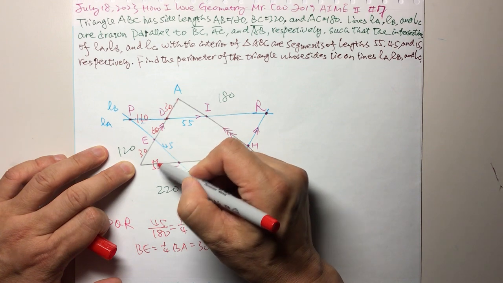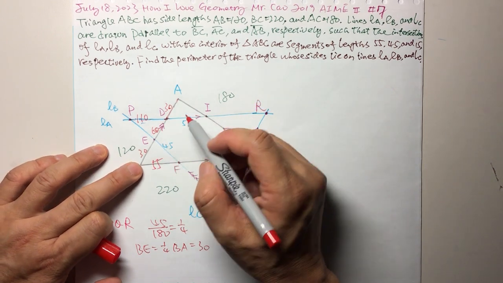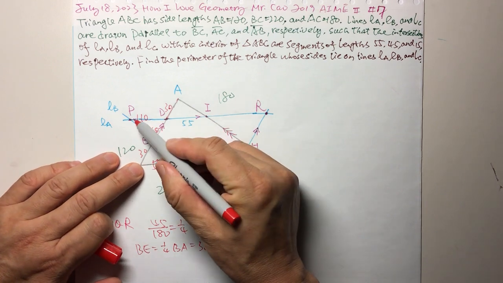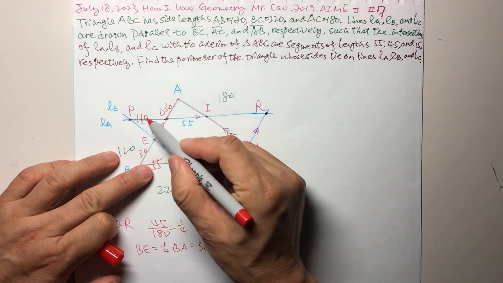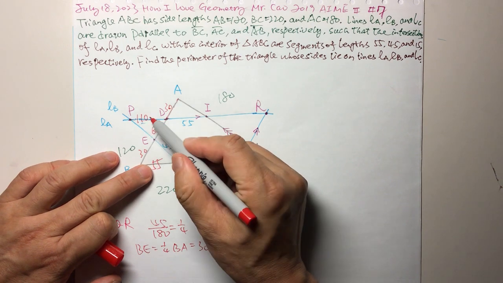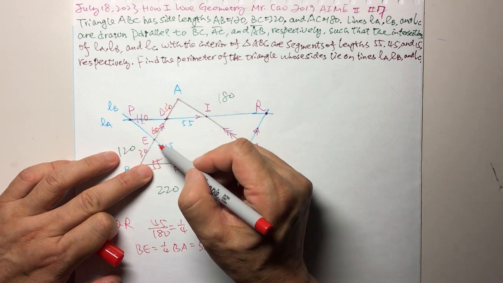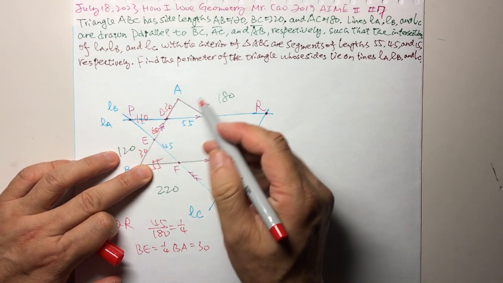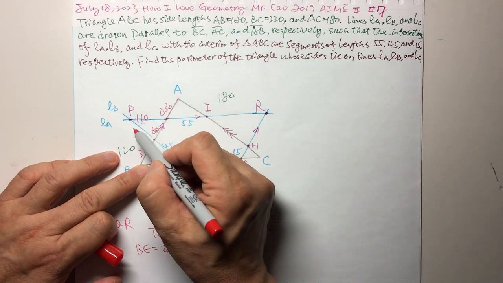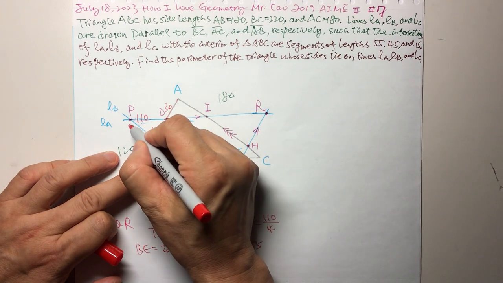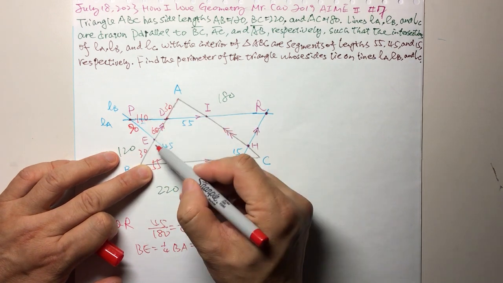So this is 55. Because this triangle is similar to this triangle, 55 to 110 is 1 to 2. So this is 2 and this is 1, so this side is 45 times 2, so it's 90. Now we got this one and we know this one.